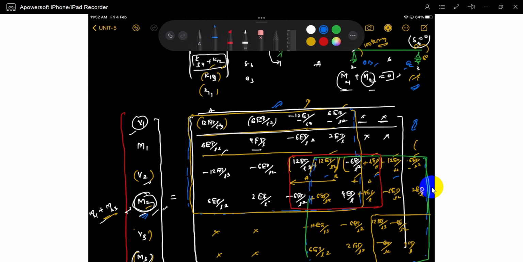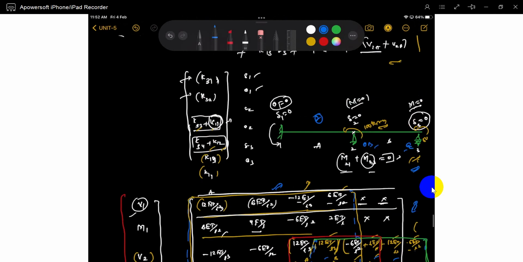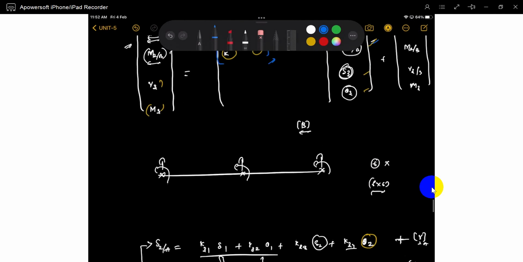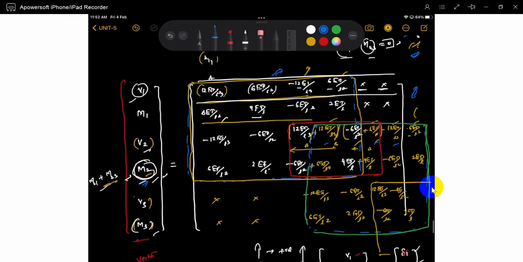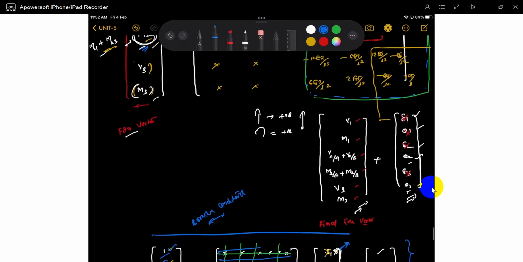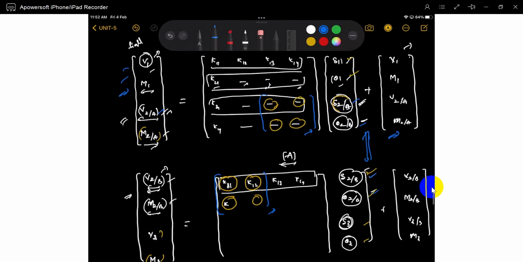So everywhere, this is the moment. I said once again, the moment at the joint is released.